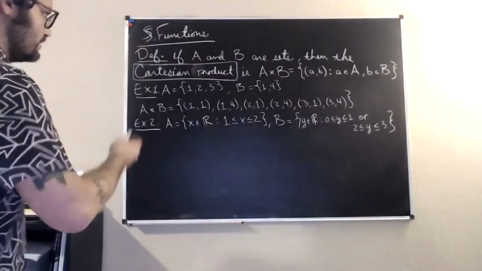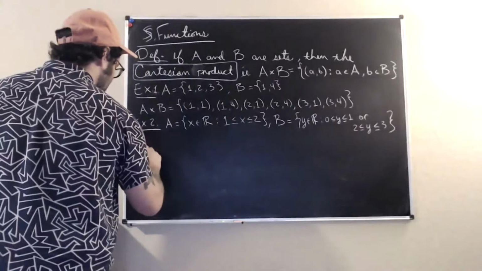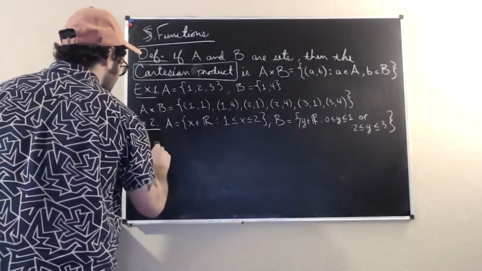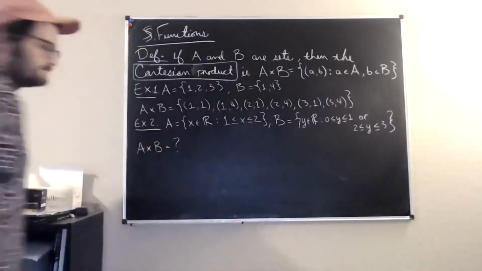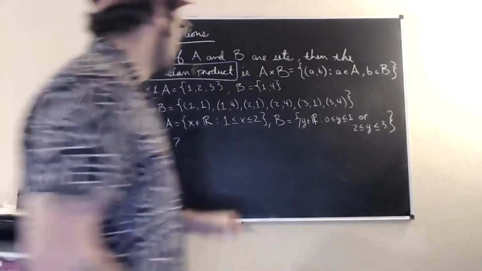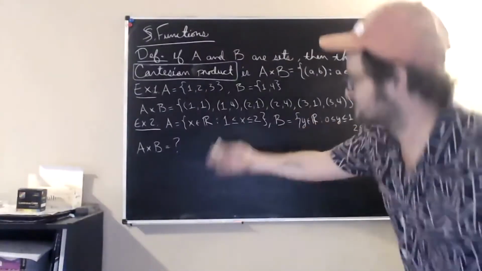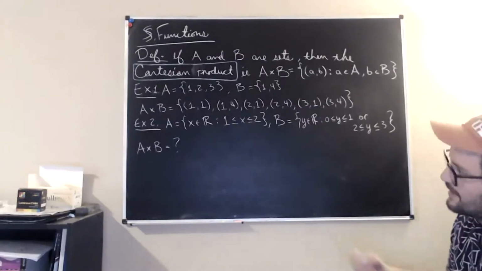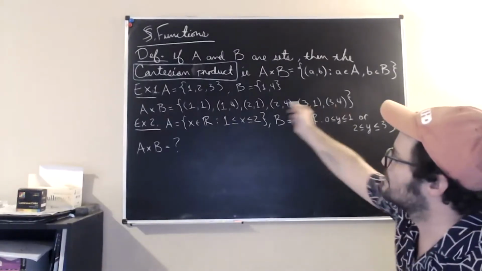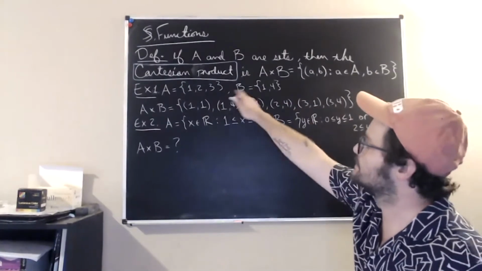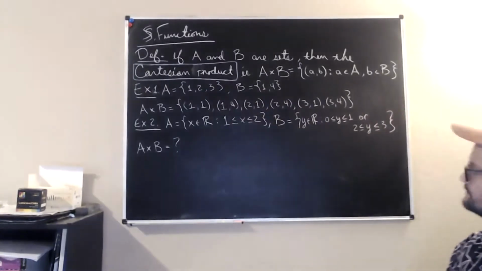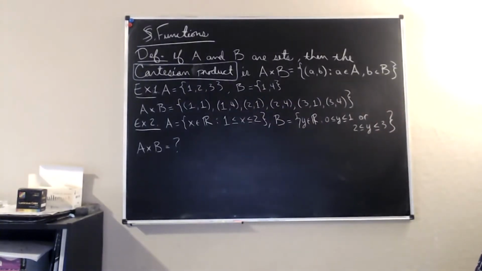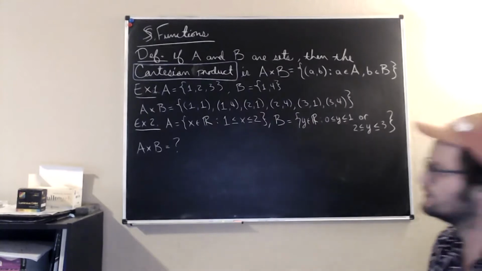So then we can ask ourselves, what is this set A times B? Okay. Well, these are infinite sets, uncountable sets. We can't really write it out like we did with these discrete sets up here. But we can draw these sets in the plane.